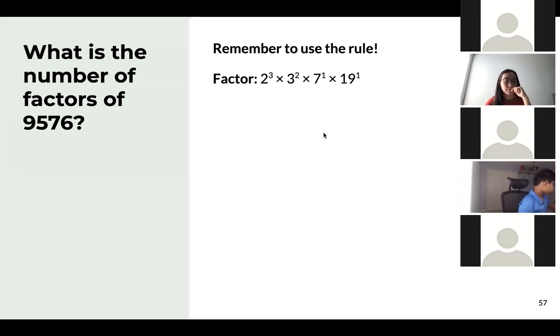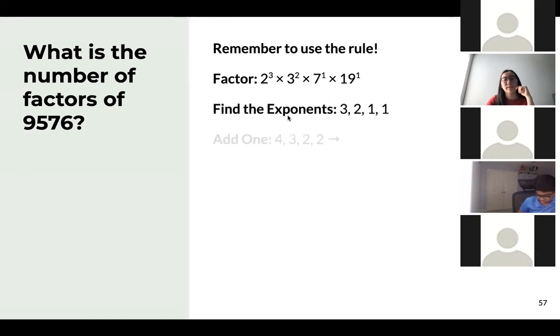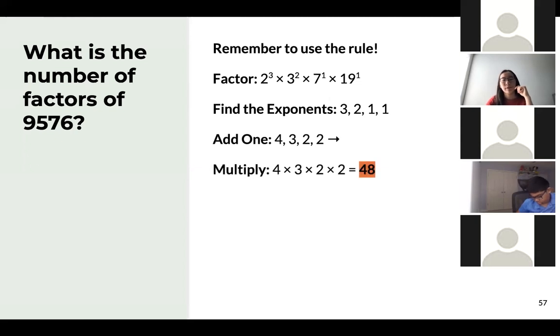Yep, the answer is 48. So that's the prime factorization up there. And if you find the exponents, then add 1 to all of them, then multiply that together, you get 48.